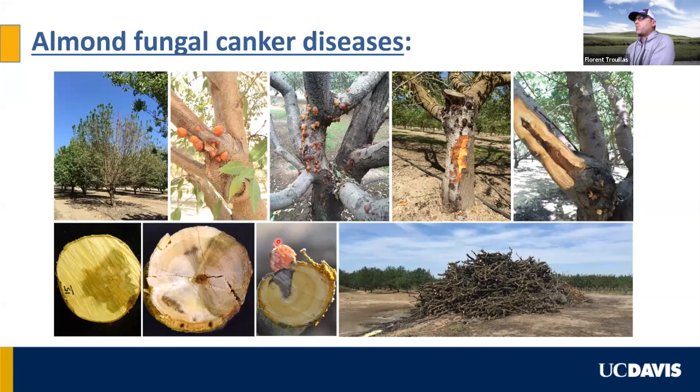But in general, when canker disease starts to affect almond trees, it results in a lot of gumming. You will see gummosis developing on scaffold branches and on the main trunks. Eventually, canker disease can lead to complete dieback and death of trees. If it affects young orchards, this may lead to the death of trees and removal of young blocks.